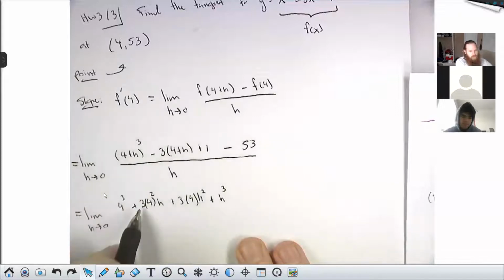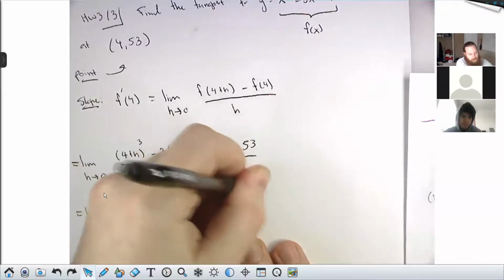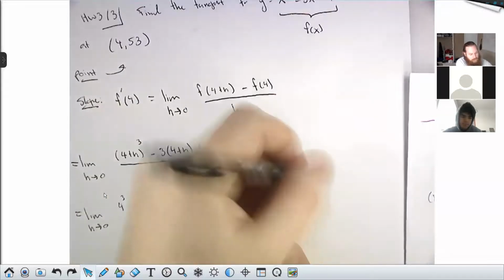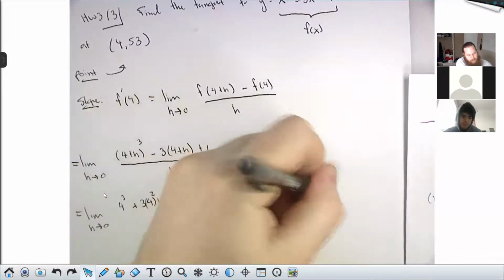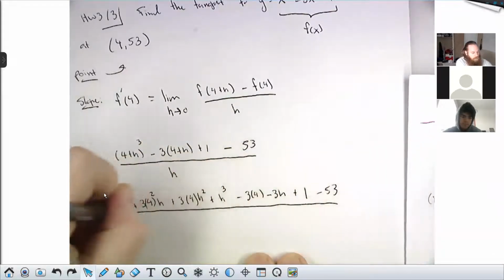That's the (4 plus h) all cubed. And then this piece, I'll distribute my minus 3. I'll have minus 3 times 4 minus 3h. And then I've got plus 1 minus 53, all over h.